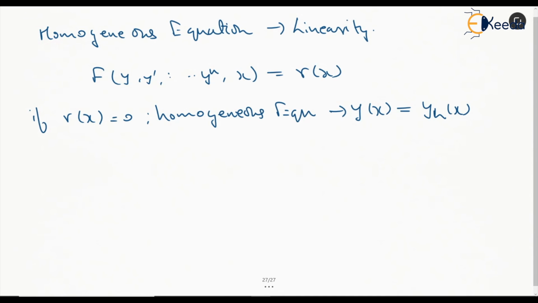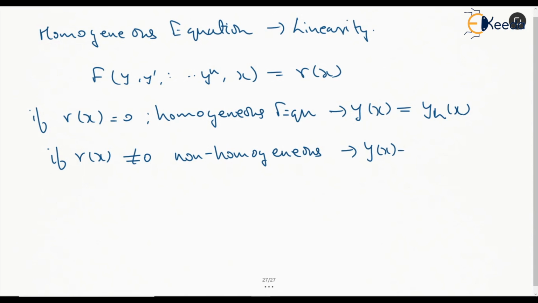Whereas if r of x is not equal to 0, which will make it non-homogeneous, in that case this y of x will have two functions. This is y h of x plus y p of x.